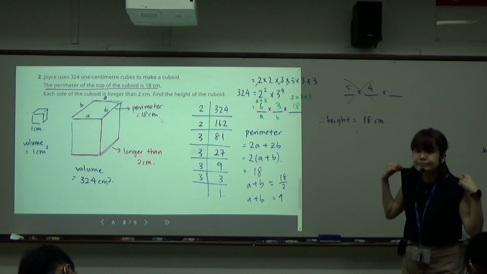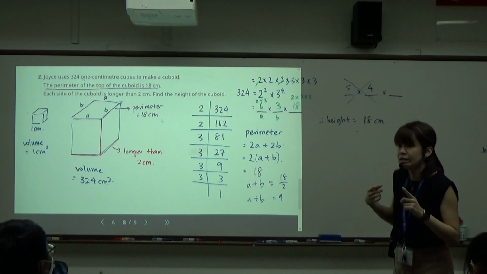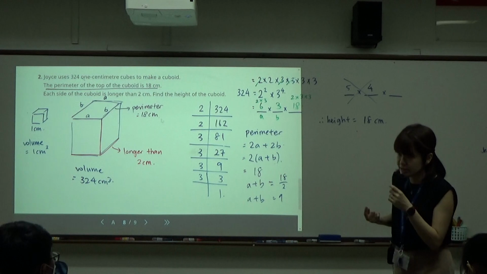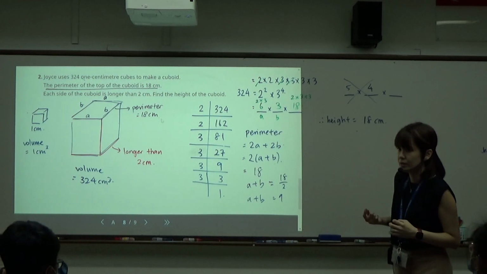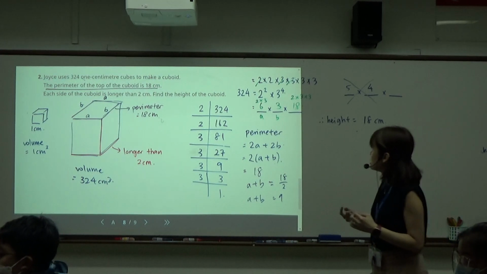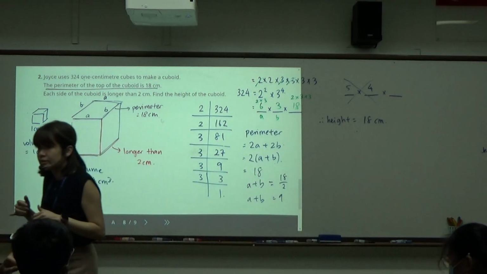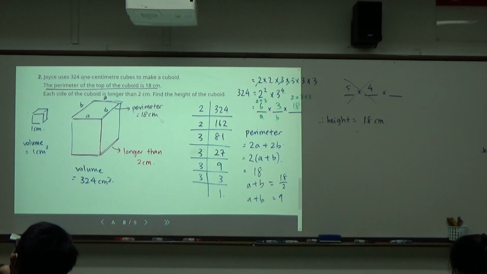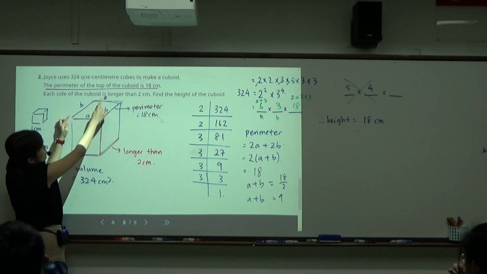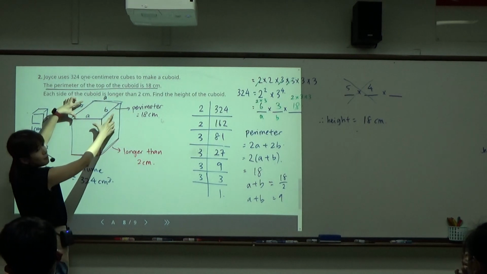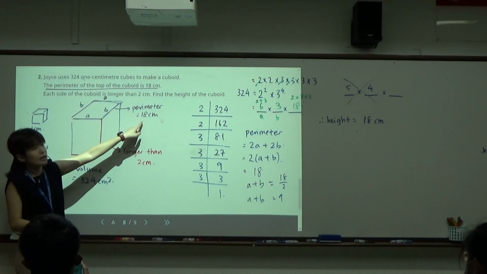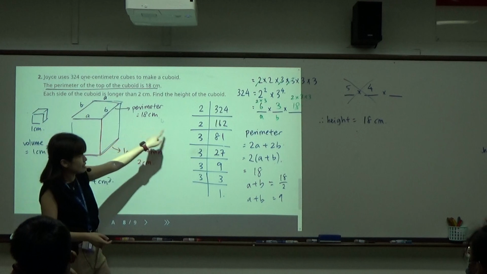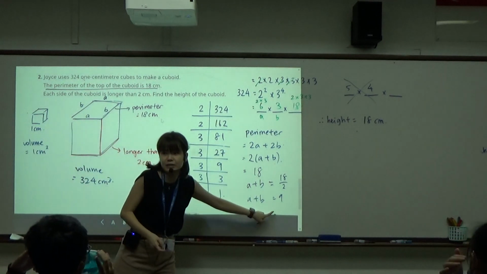Why is the height 18? Otherwise, could you tell me what you are thinking of as the answer? 6 or 3, is it? You are already confused. Don't know how to get it. The top is, okay? Because, you see, the question says the perimeter of the top is already 18. And our 18 is being formed by this idea over here, A plus B equals 9.